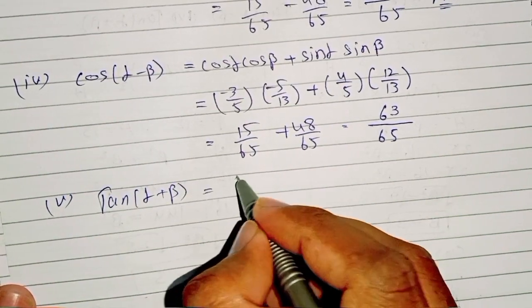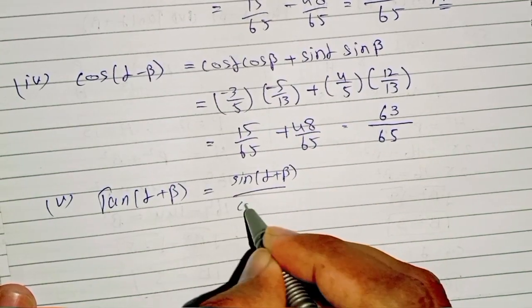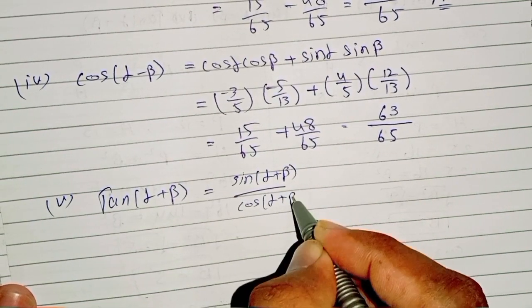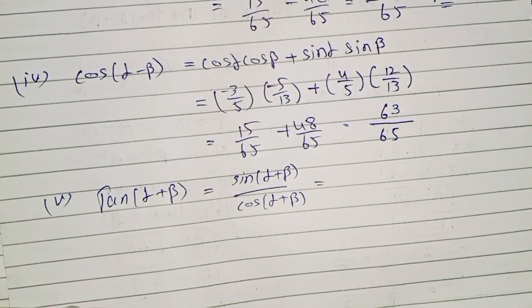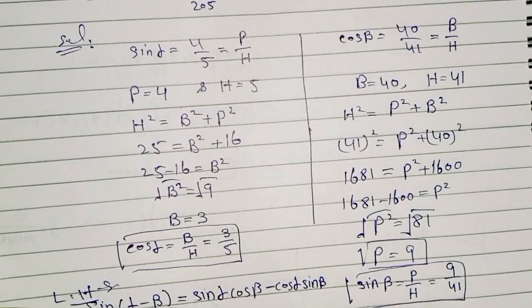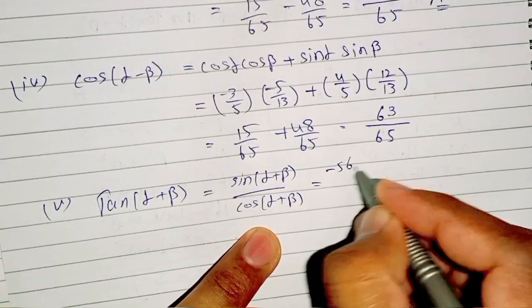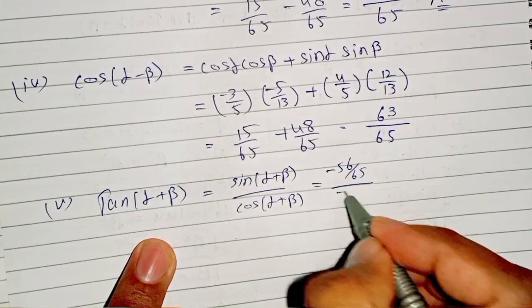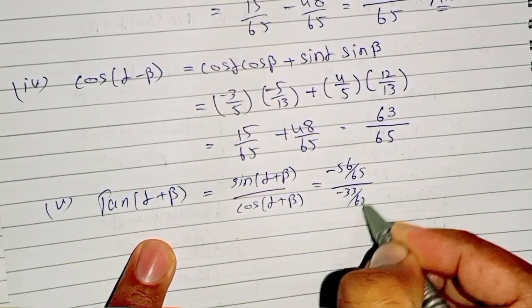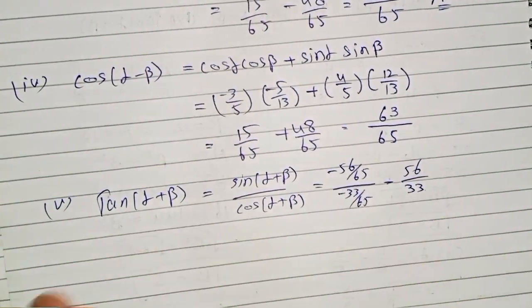Part number 5, tan of alpha plus beta. We know that tan is equal to sine over cos, so sine of alpha plus beta over cos of alpha plus beta. We have found that sine of alpha plus beta is minus 56 over 65 and cos of alpha plus beta is minus 33 over 65. So we have 56 over 33.